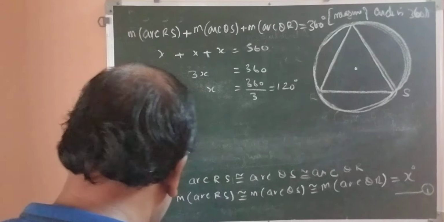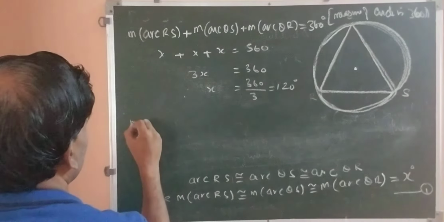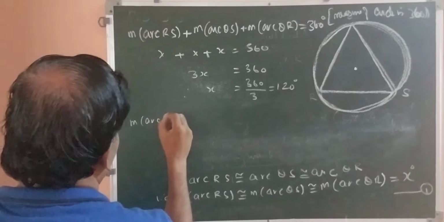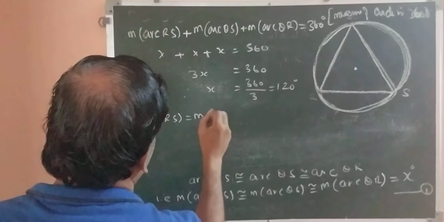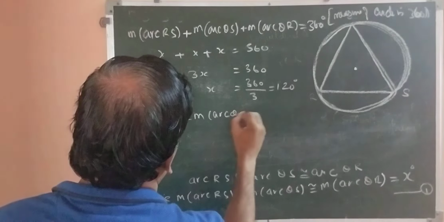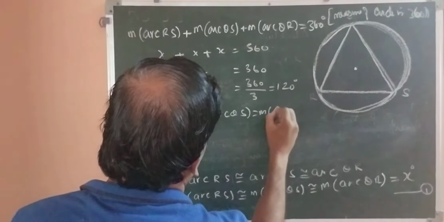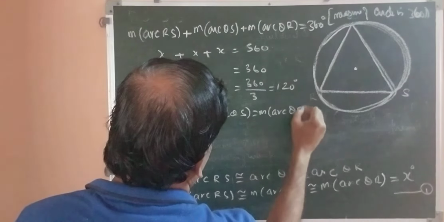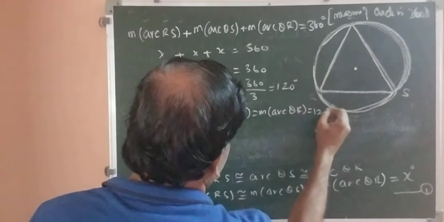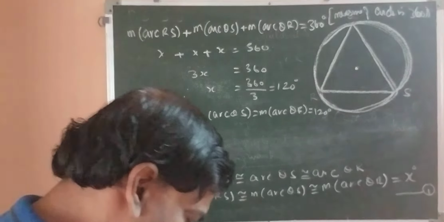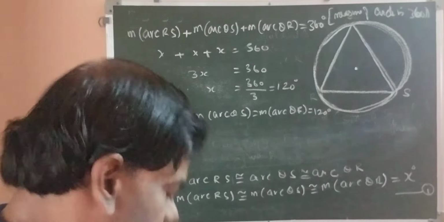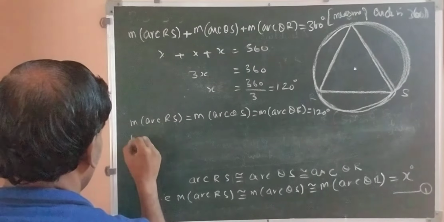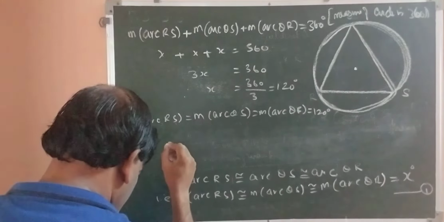If you want, you can write it. That means measure of arc RS equal to measure of arc QS equal to measure of arc QR equal to 120 degrees. Now, what we have to find out is QRS.